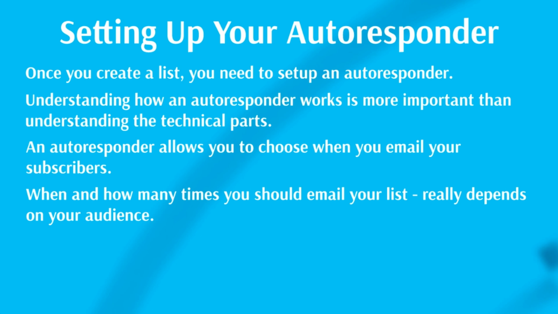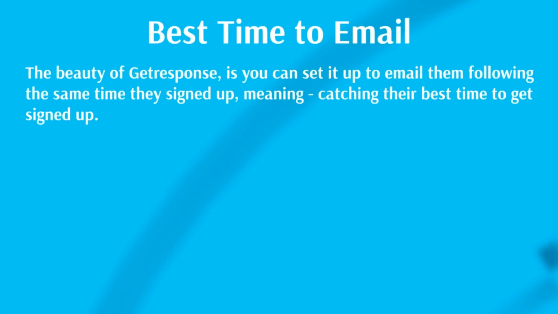If you've done the proper demographic research and you understand somebody's typical day, then understanding when is the best time to email them is actually quite easy. Now, the beauty of GetResponse is that you can set it up to email them following the same time that they signed up, meaning you can catch them at the best time.